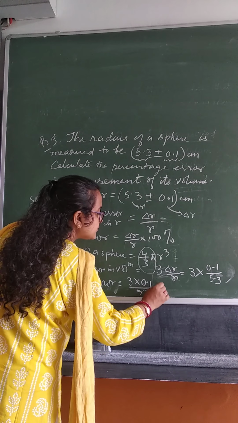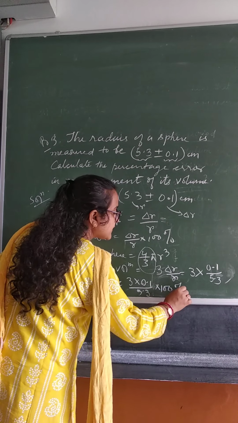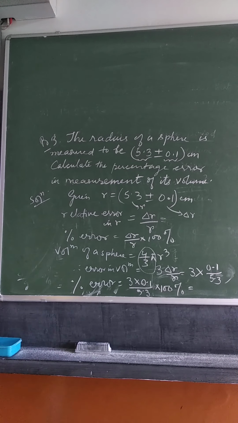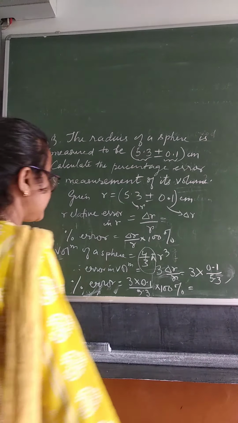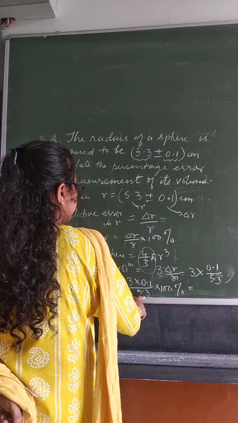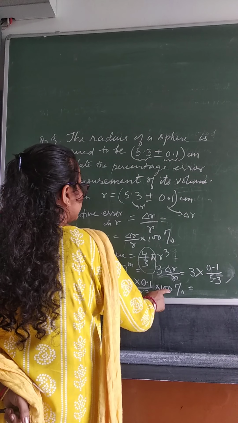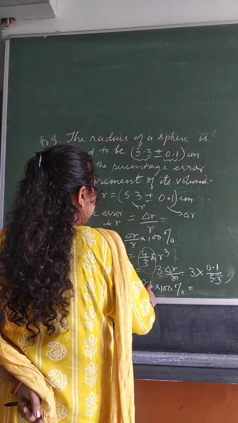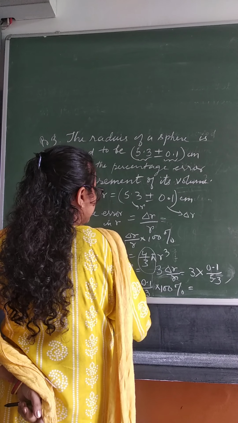So 5.3 into 10%. 0.1 into 100 will become 10. That is 30 by 5.3.